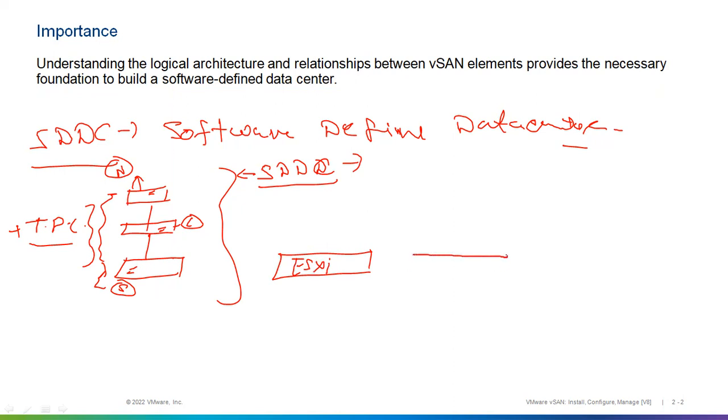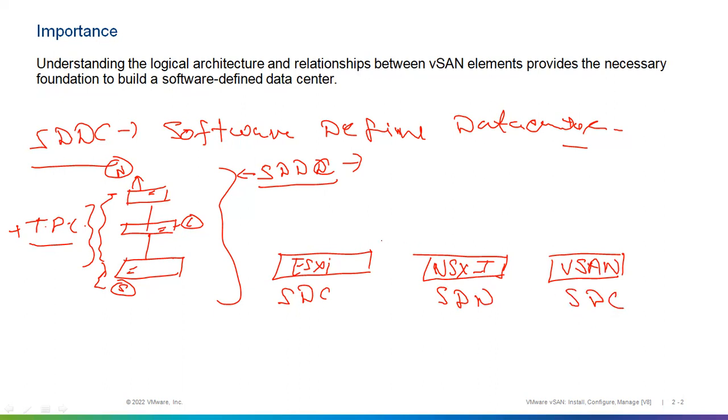For the network functionality, we achieve software-defined networking with NSXT. And we achieve the storage functionality by software-defined storage, that is my vSAN. So this is my software-defined compute, software-defined network, and software-defined storage. All these three components together create a software-defined data center.